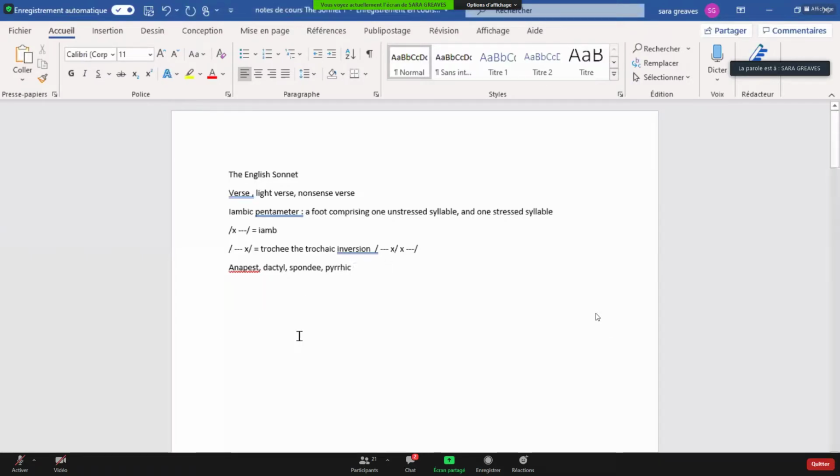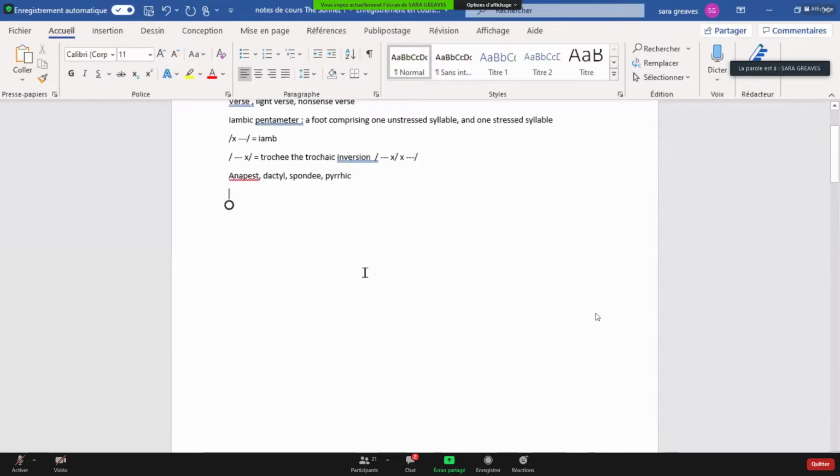Okay, so the anapest, which is a foot with three syllables, da da da, two unstressed and one stressed. The dactyl, which is three syllables, one stressed, two unstressed. The spondee, which is two stressed, and the pyrrhic, which is two unstressed. Okay, so you've got information on that in the document on your Amethyst page.